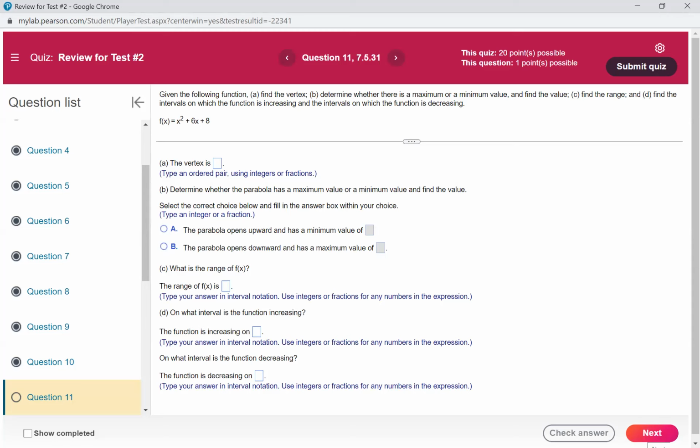They want me to get the vertex, max or min and value, the range, and find intervals on which it is increasing and decreasing.